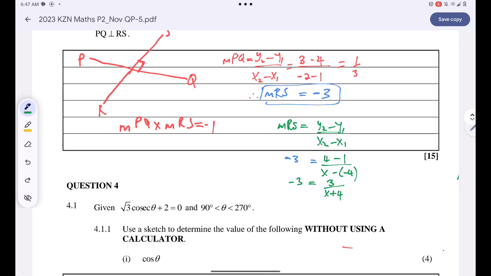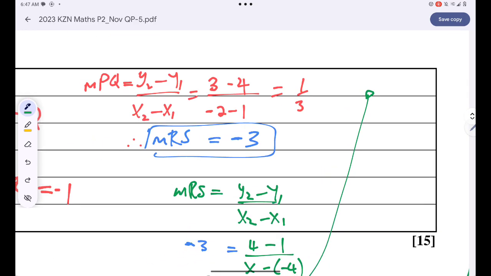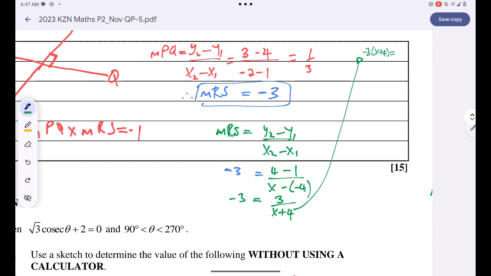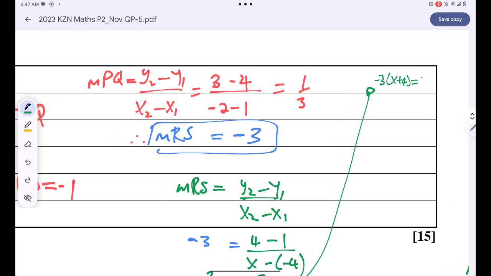I'm just solving for X now. I must just multiply both sides by X plus 4. Let me continue on the side. Whenever I do that, I'll simply have -3 times X plus 4 being equal to 3.